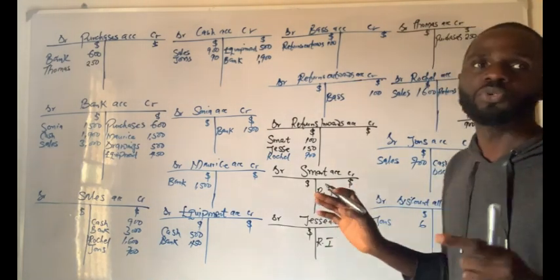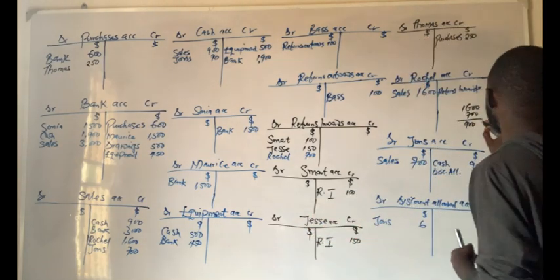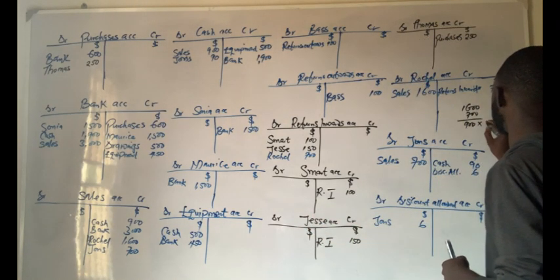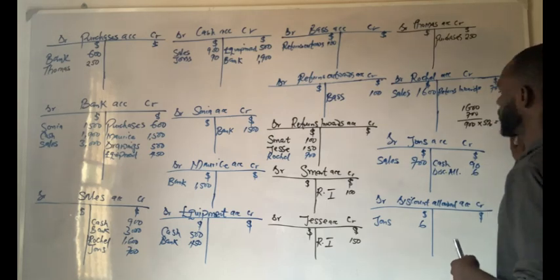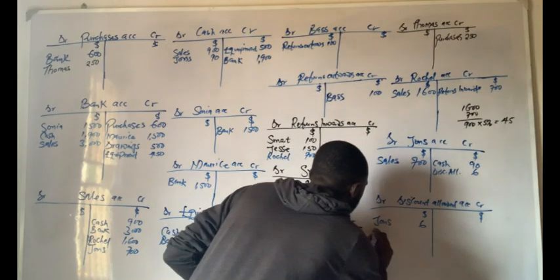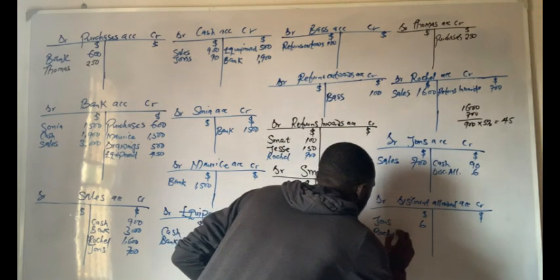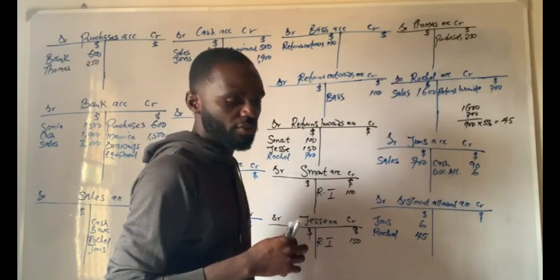So Rochelle decides to pay this 900, but while paying, they allow Rochelle a discount of 5%. We find 5% of this amount, which equals 45. So the discount allowed becomes 45. Here we will have Rochelle, 45. Are we together?